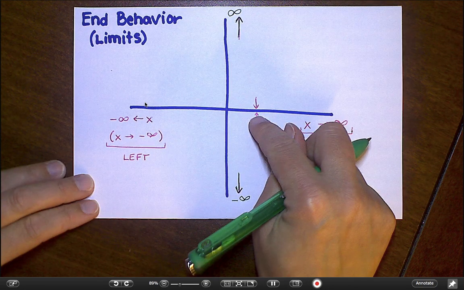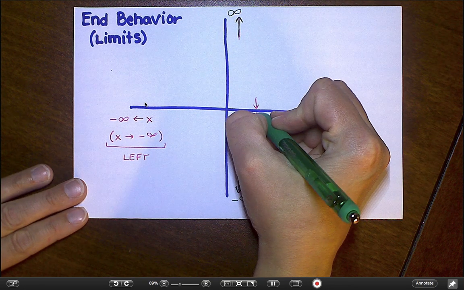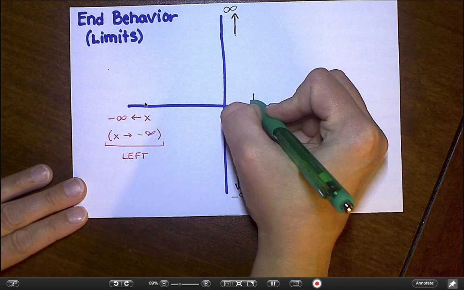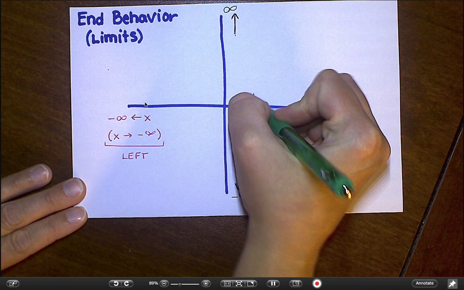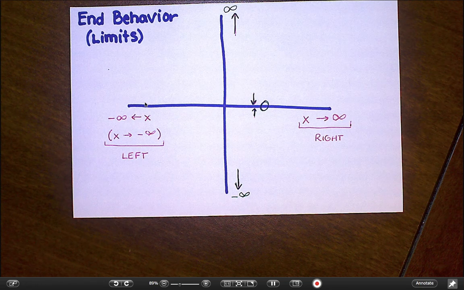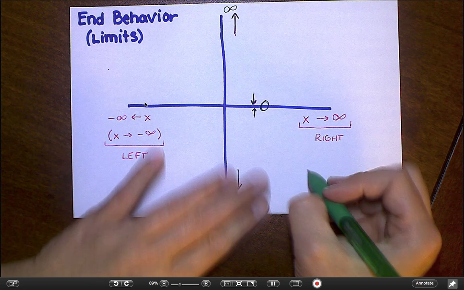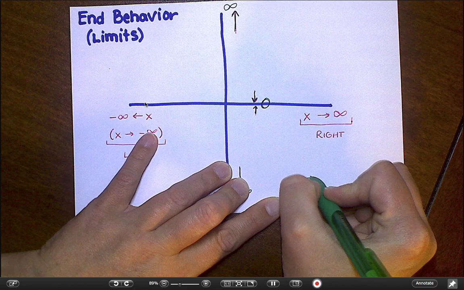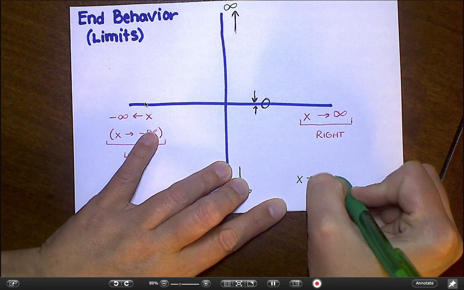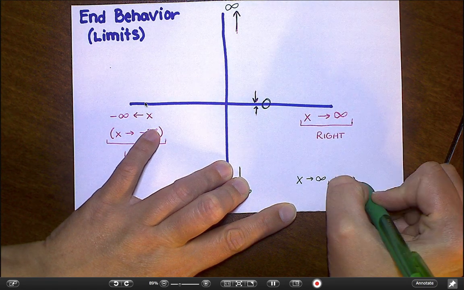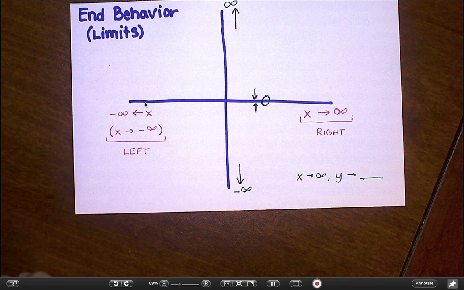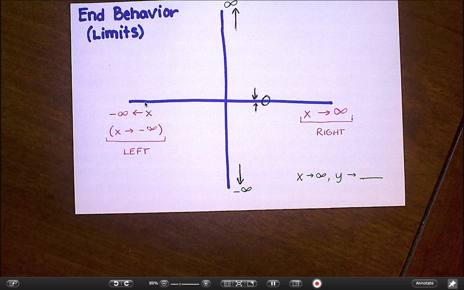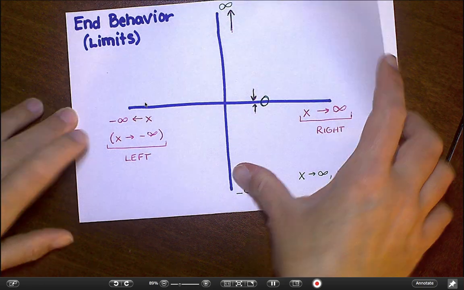And then when you're squeezing inward to the middle of the graph, when your points are getting closer and closer to the middle, that's a value of 0, okay? So the questions are going to say things like, as x approaches infinity, y approaches what? And really, these are your three choices, okay? Infinity, 0, or negative infinity. So let's talk about what some of these actually look like here, okay?